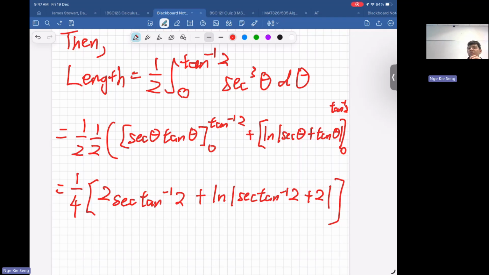So the closed form is here, I guess. Secant of tangent inverse 2 is square root 5 over 2. Why is it just 2 then?